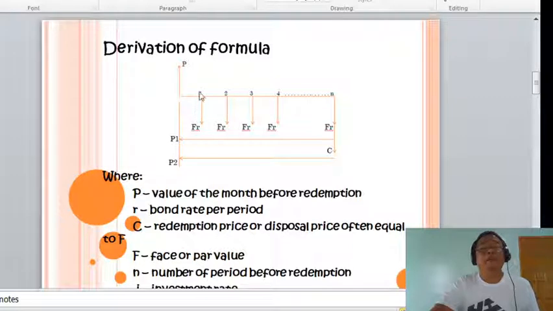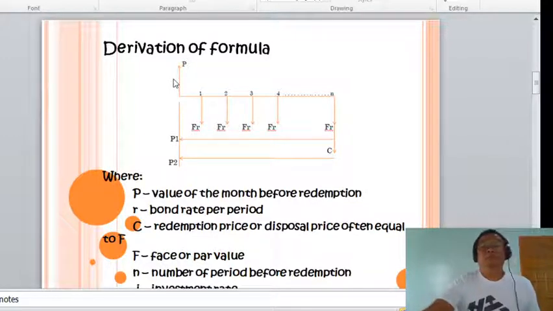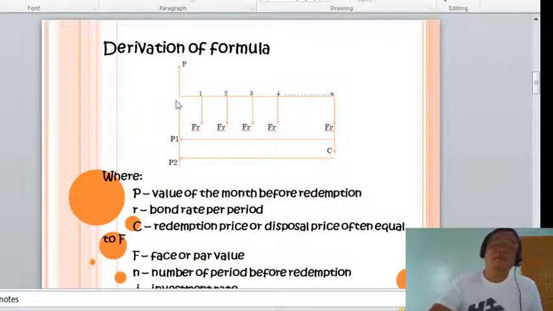P sub 1 is the present amount of all the annuities FR up to the end of the life of the bond, and P sub 2 is the present amount of the redemption price of the bond.